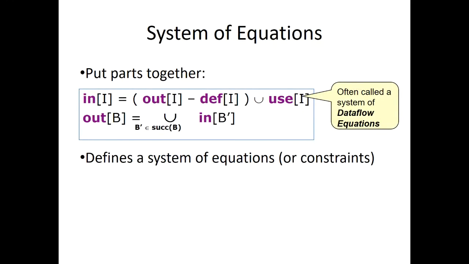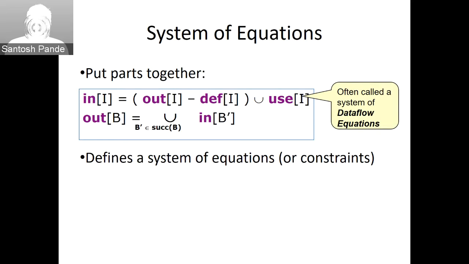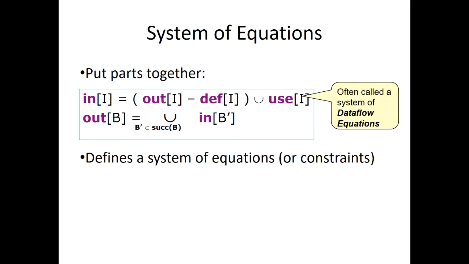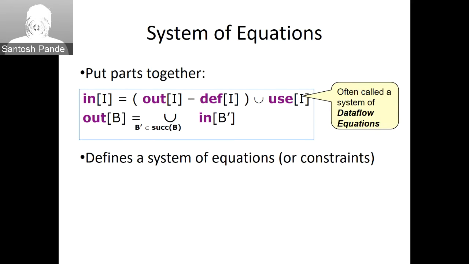So here are again two core equations. One is to propagate backward across basic blocks. What we do is we simply take a union of all the in sets of the successors, which reflect what is live in each successor. And if it is live in a given successor, it must be live at the end of the current basic block.